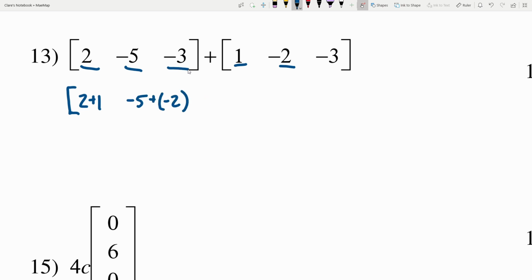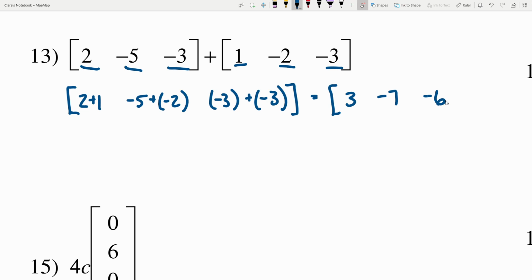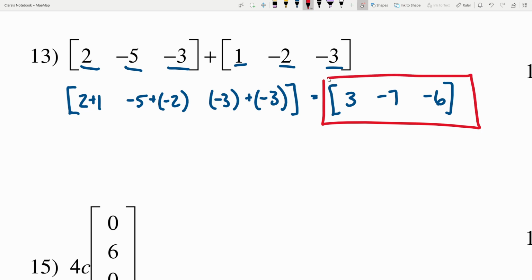And then lastly, negative 3 plus negative 3. Now, when I write this 1 by 3 matrix out, 2 plus 1 is 3, negative 5 plus negative 2 is negative 7, negative 3 plus negative 3 is negative 6. So 3, negative 7, negative 6 is my solution in number 13.